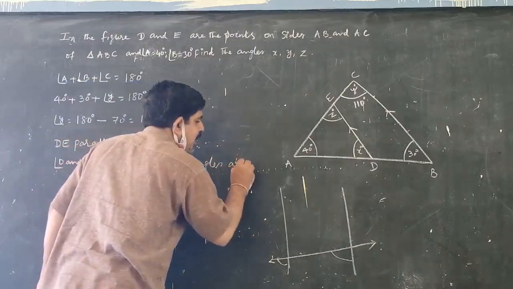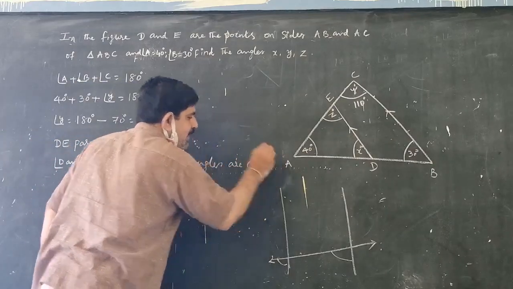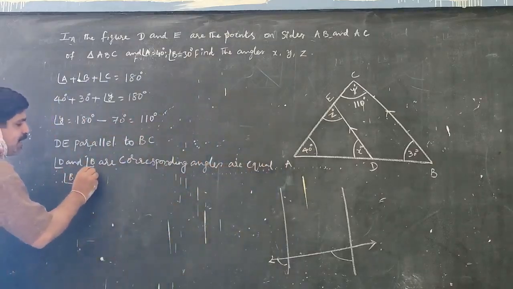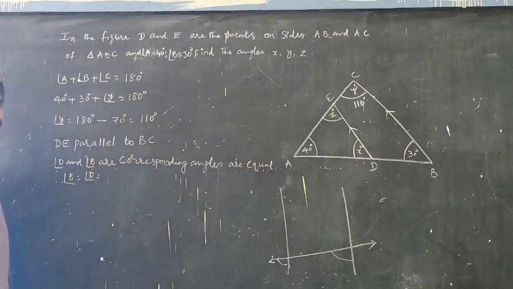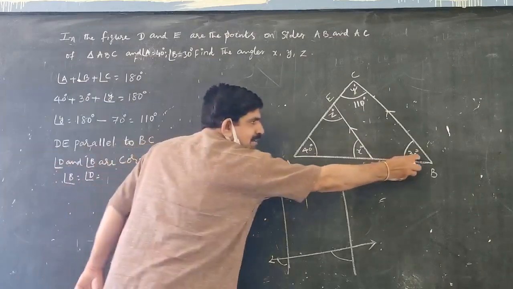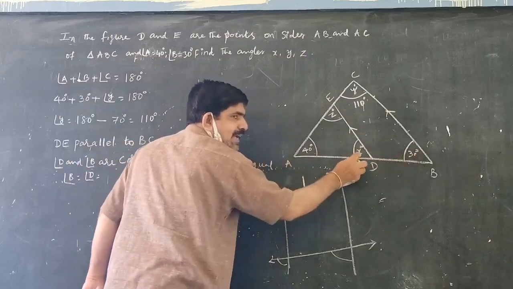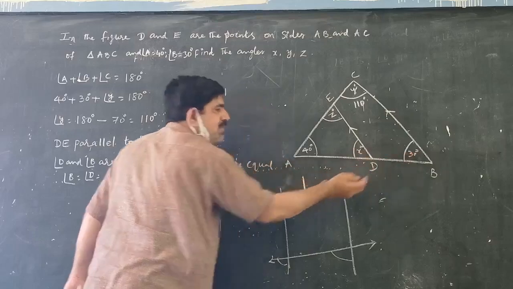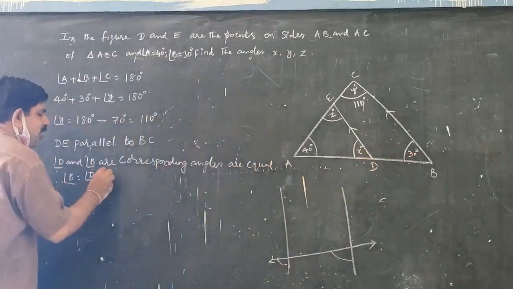Therefore, angle B is equal to angle D. What is angle D? Angle D is x. These two are equal, so angle D is equal to how much?